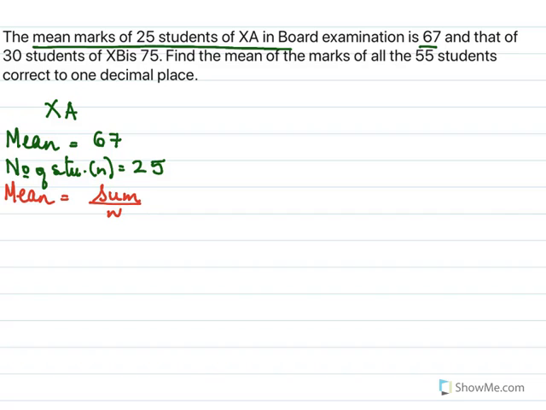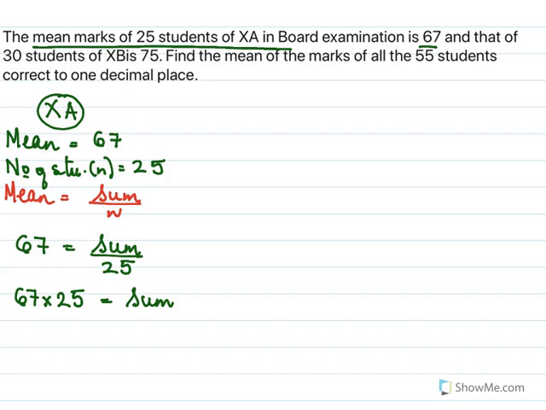So mean is 67, sum we do not know, number of observations 25. So 67 into 25 equal to sum of marks of 10th A, and that is 1675 is the sum of 10th A.